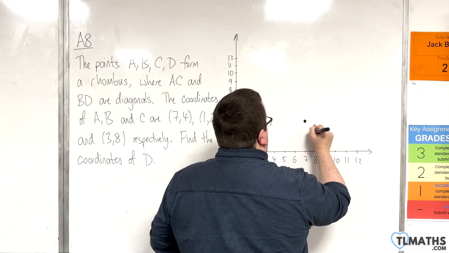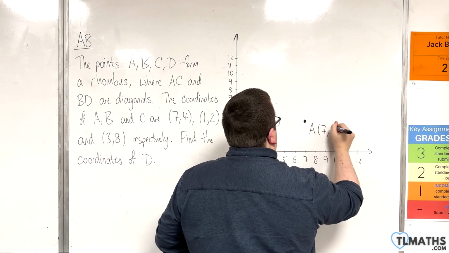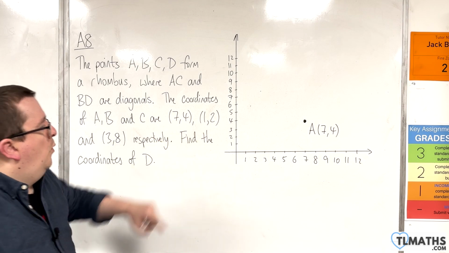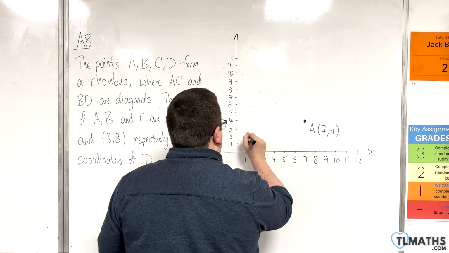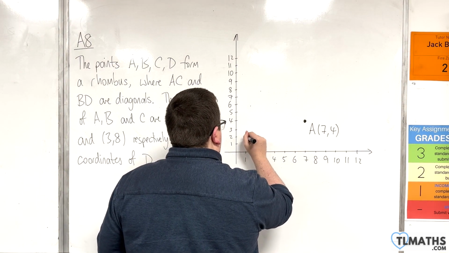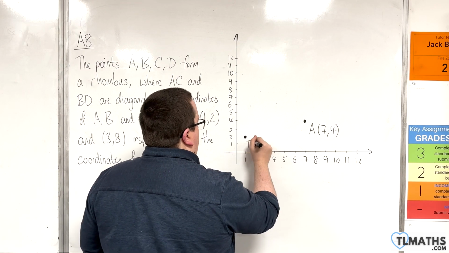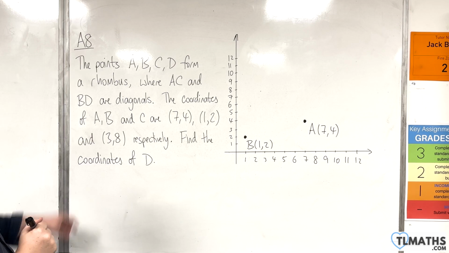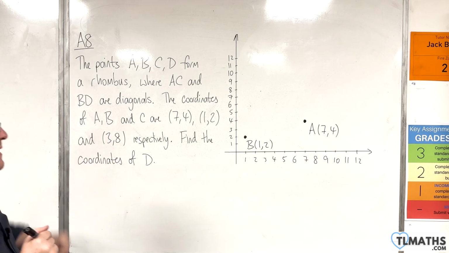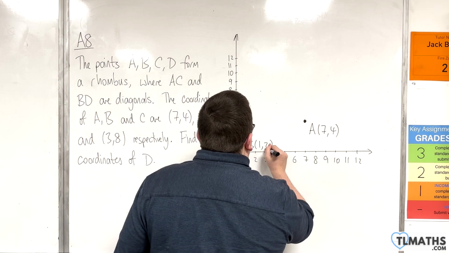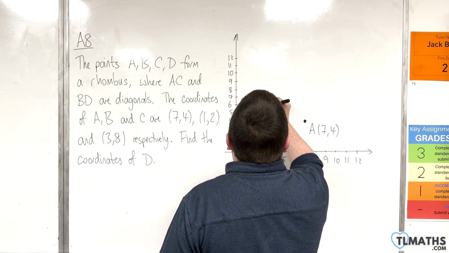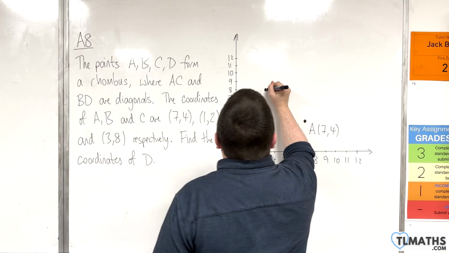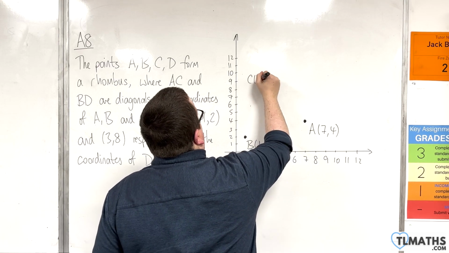Then B is at (1, 2), so 1 along, 2 up. And then C is at (3, 8), so 3 along and 8 up, around about there.